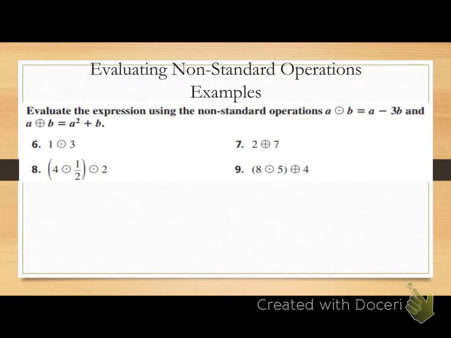We've got A circle dot B equals A minus 3B, and A circle plus B equals A squared plus B. 6 is 1 circle dot 3. 7 is 2 circle plus 7. 8, 4 circle dot 1/2 circle dot 2. 9, 8 circle dot 5 circle plus 4.